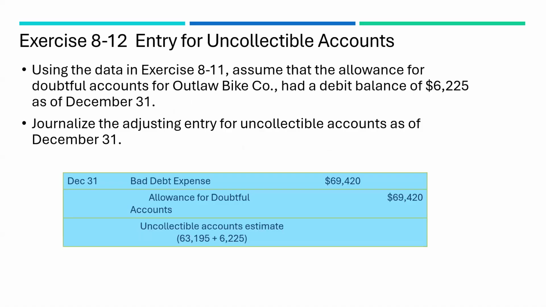And that's because, right, that's what was needed to plug our allowance for doubtful accounts to the amount that we estimated is going to be uncollectible. And when it's a debit balance for the beginning balance, we add the debit balance, and then when it's a credit balance, we have to subtract.